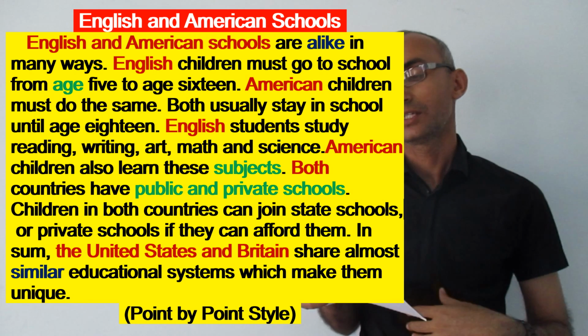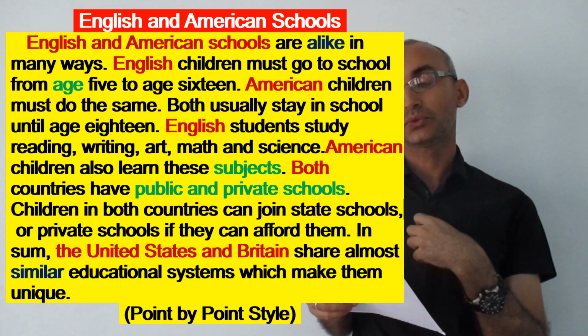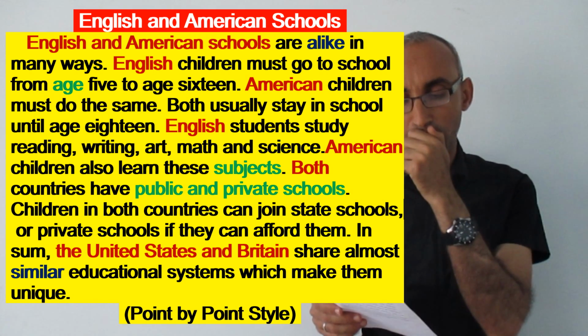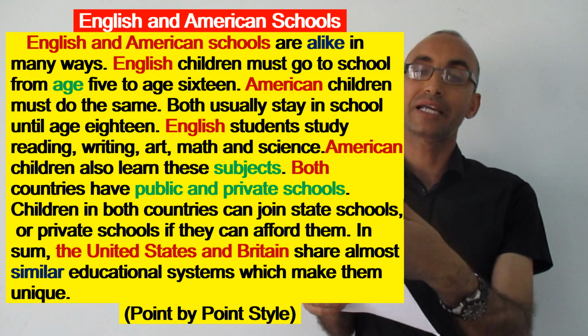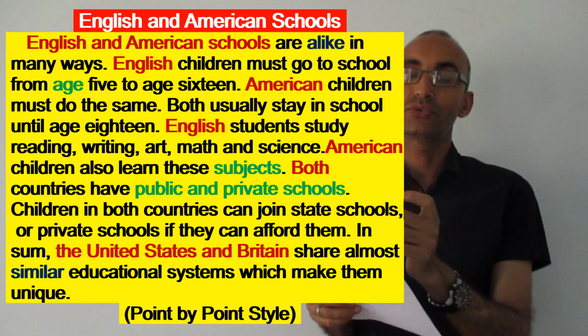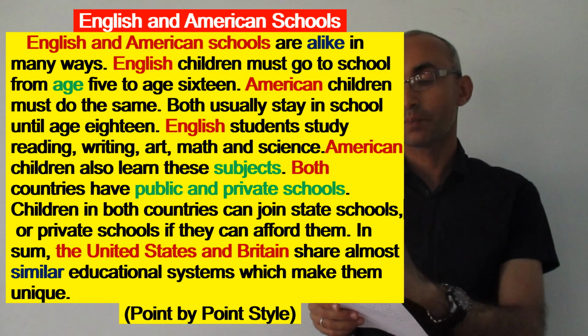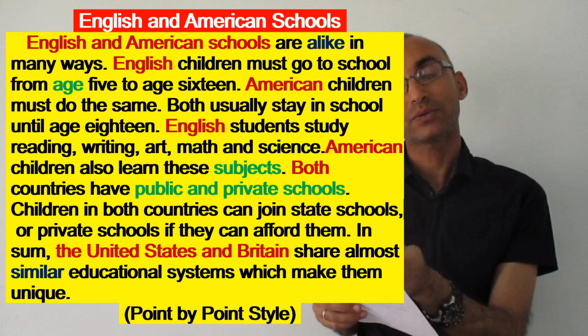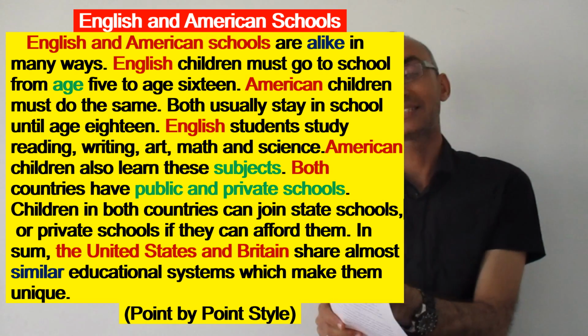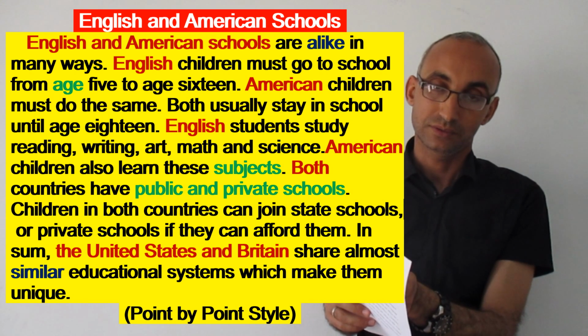So as you see here, this writer produces the points of similarity, and every time he refers to a point, he compares between American and British schools, showing how they are similar in that point. Then second point, the same thing.